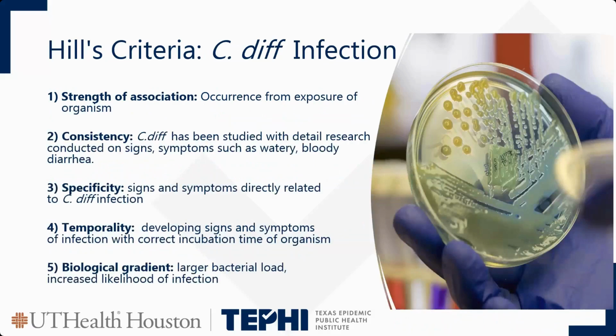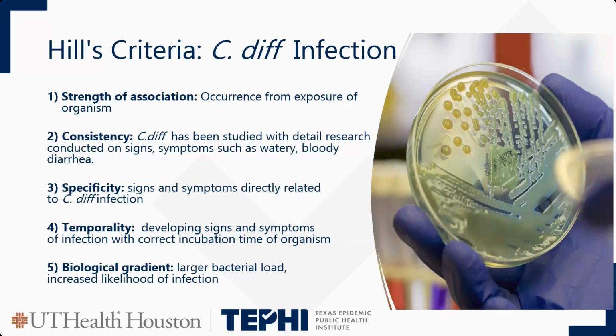So let us walk through an example using C. diff. The strength of association means that the infection was developed from an exposure to the organism. So it's more likely that the patient was exposed to C. diff before they got C. diff. Consistency.